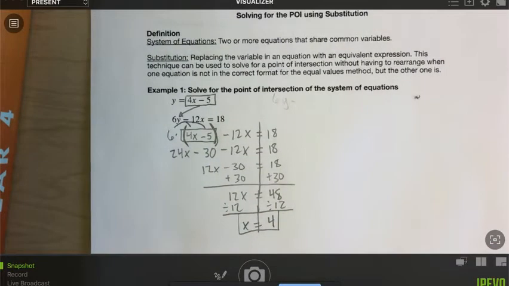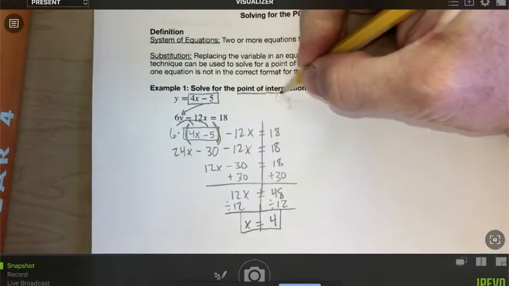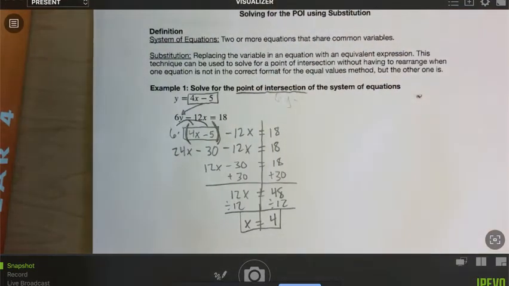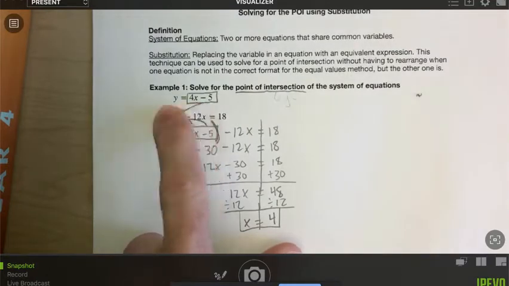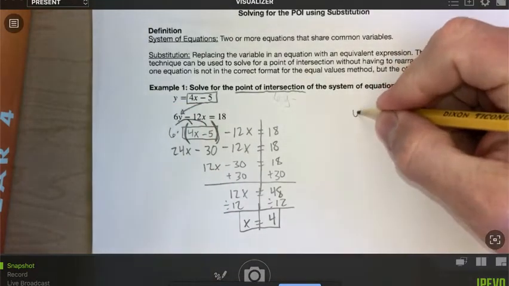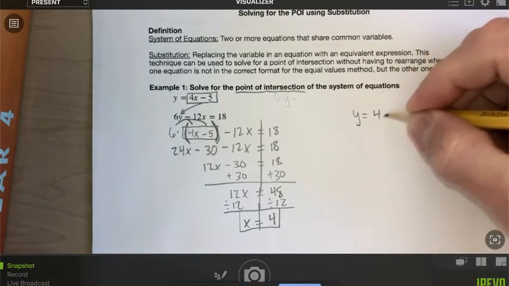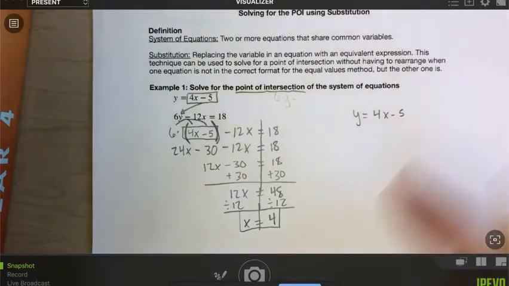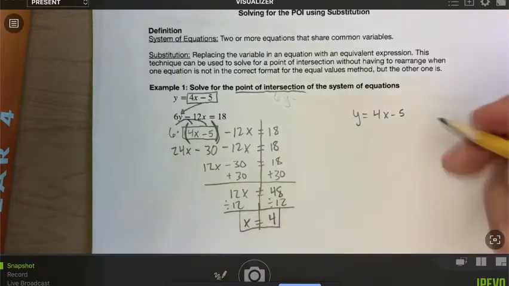The nice thing about substitution is, remember, I'm asking for a point of intersection, which means I need x and y. But notice how one of the equations is already equal to my variable. And so I'm just going to say y equals 4x minus 5. But I just found out that x is equal to 4.